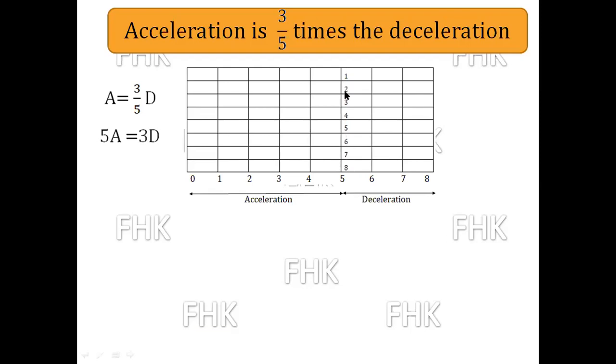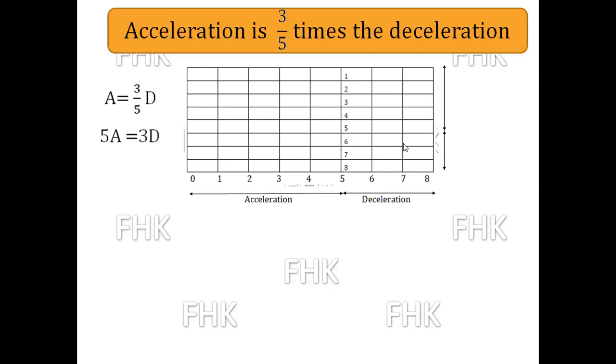In that also, on this vertical line, 5 parts of the lift are for acceleration, and the lower 3 parts you will give for deceleration.